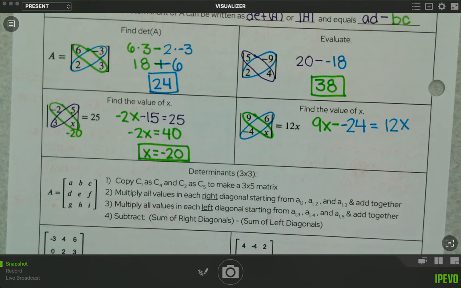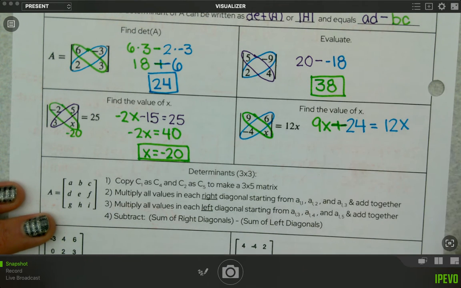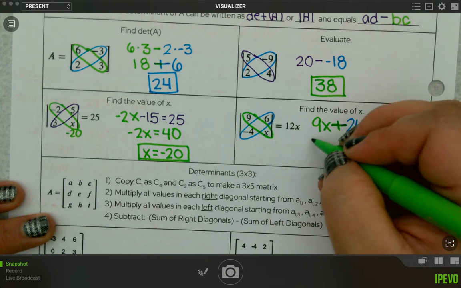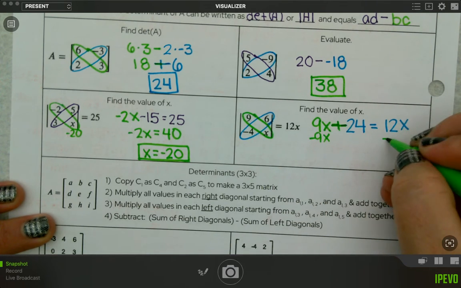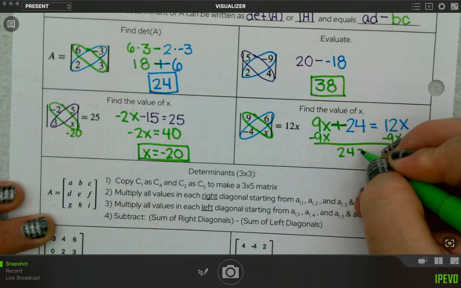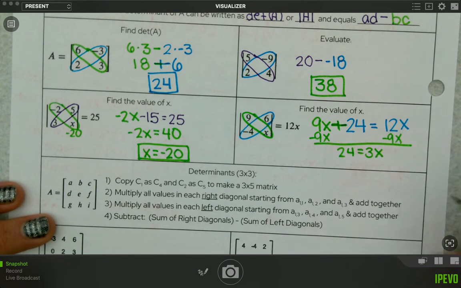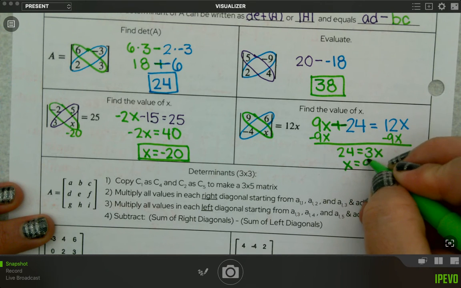Don't let that freak you out too much. Go ahead and make this double negative a plus sign. And then I want this 9x to go join the other x's on the other side. 24 equals 12 minus 9, 3. Well, it just means x is 8.